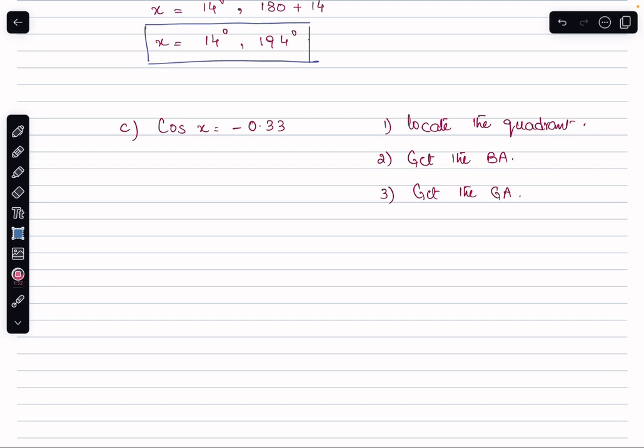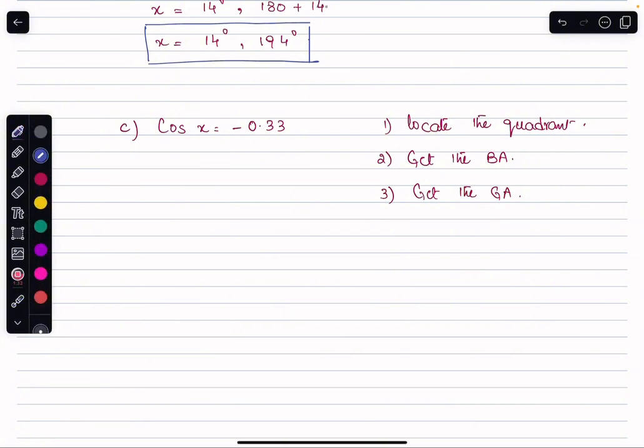To locate the quadrant, what I see here is that this cosine ratio has a negative sign. So the rotation has to lie in the quadrant in which cosine is negative. Cosine is positive in the first and the fourth, so it shall be negative in the second quadrant and also in the third quadrant.